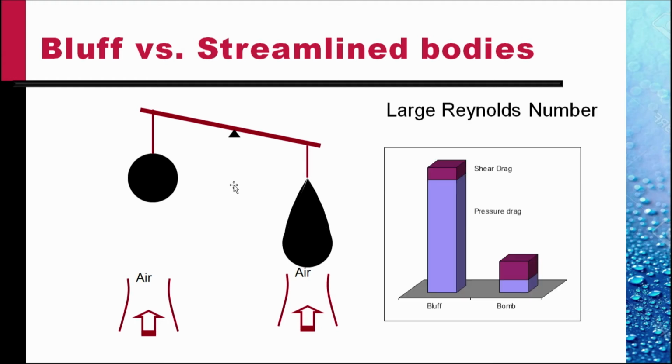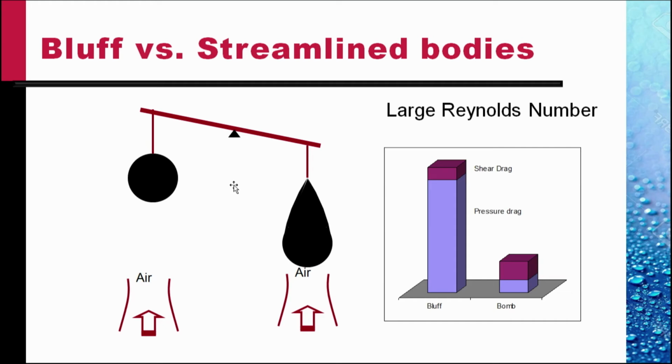For large Reynolds number flow, this bar diagram shows you the relative drags. The light purple color shows the pressure drag for the bluff body and for the bomb-shaped body. The pressure drag is much smaller, an order of magnitude smaller, on the bomb-shaped body than on the bluff body.